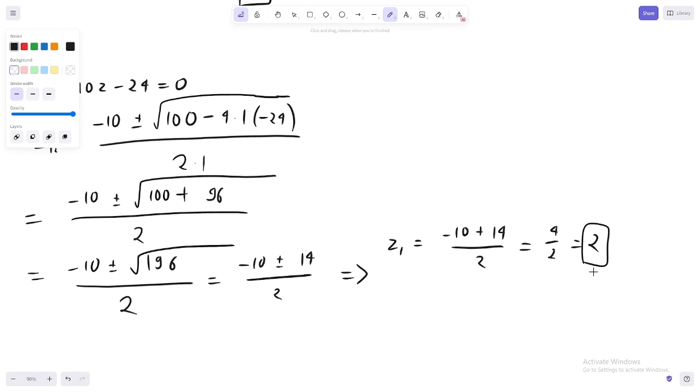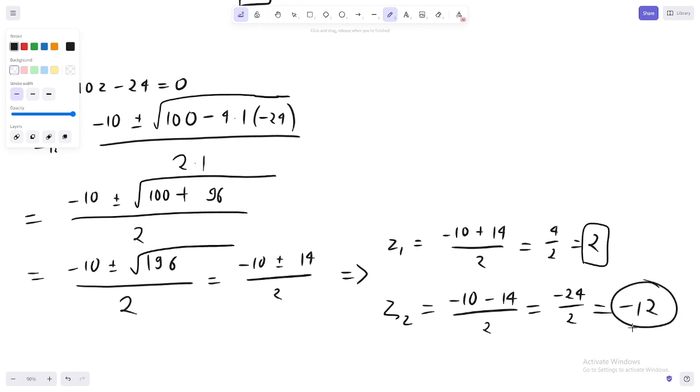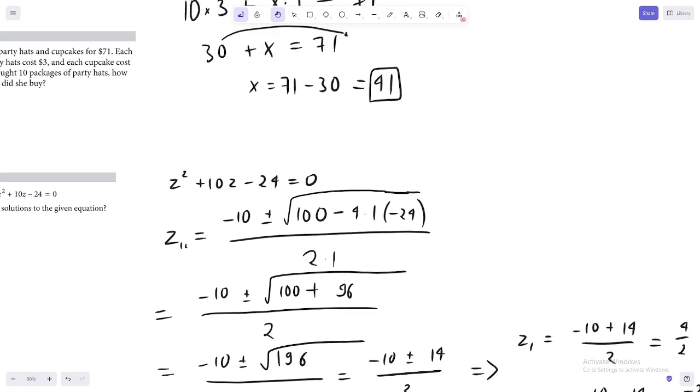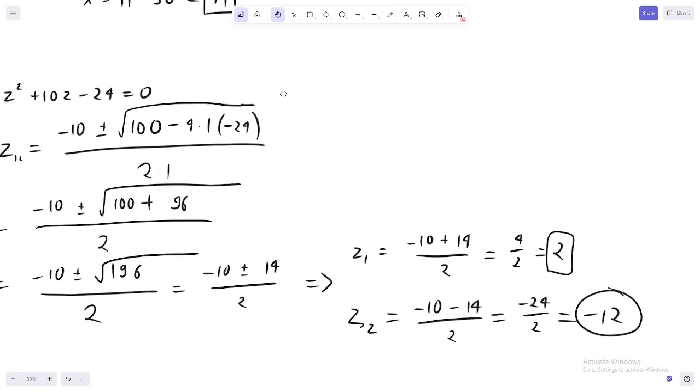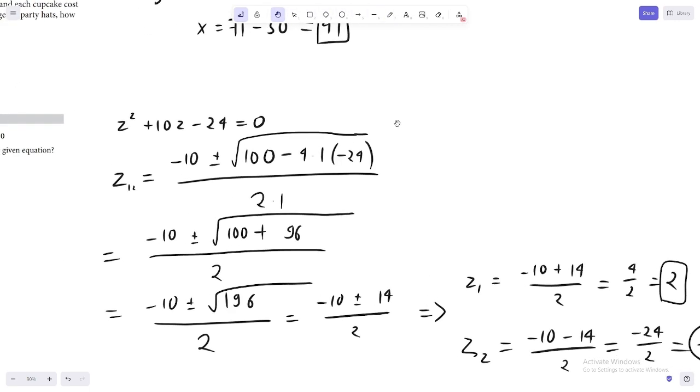Exactly the one of the answers we found before. And z2 will be the one with the negative. So we'll get minus 10 minus 14 divided by 2. And that gives us minus 24 divided by 2, which is equal to minus 12. Again, if you want to save time, solve with the previous method of finding two numbers. And if you can't do that, just use the good old quadratic equation.